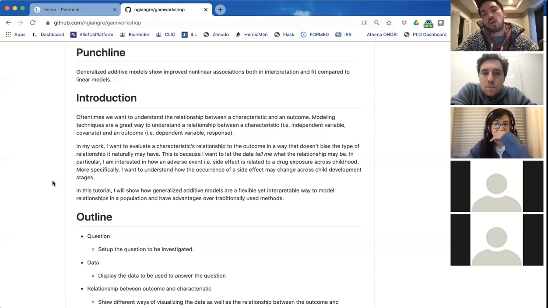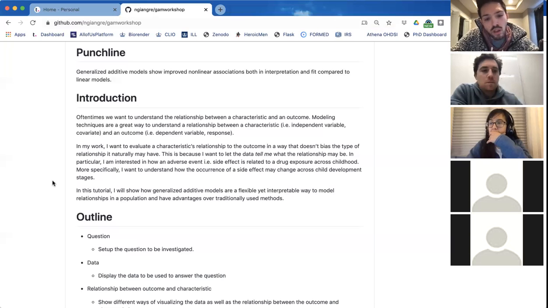So a lot of people think about childhood in stages, and I'm not going to break from that mold at first. So I'm just going to look at stages for now. So in this tutorial, I'll show how linear models and also generalized additive models are flexible yet interpretable ways to model relationships in a population, and GAMs have advantages over traditionally used methods.